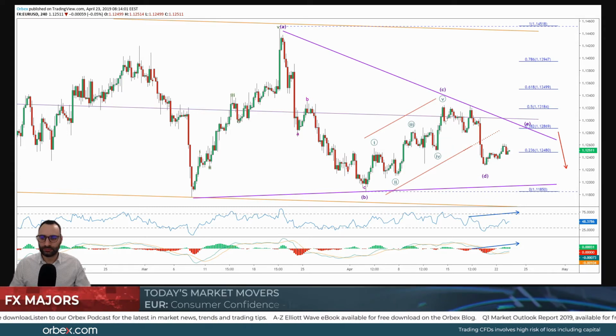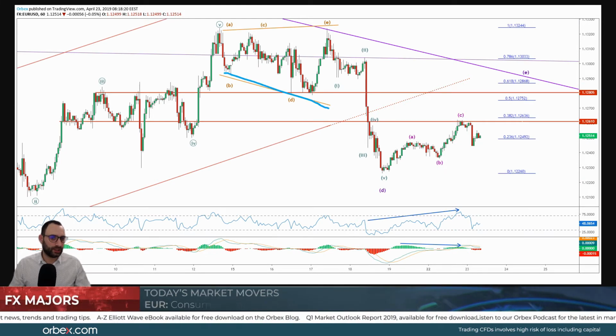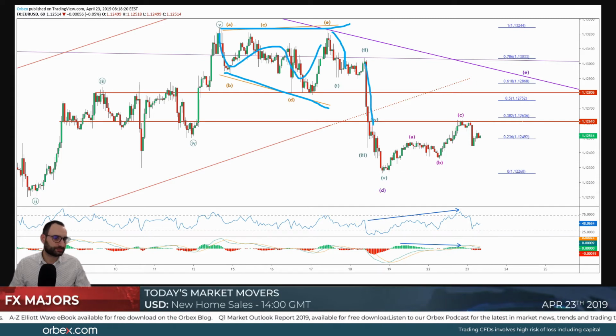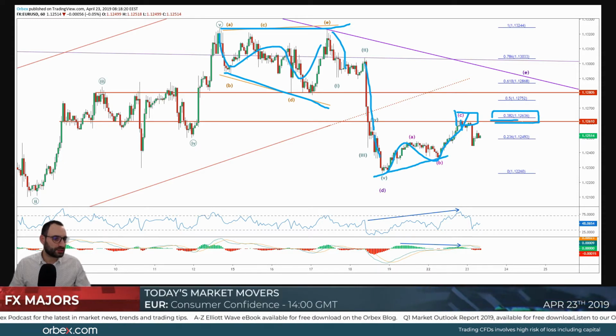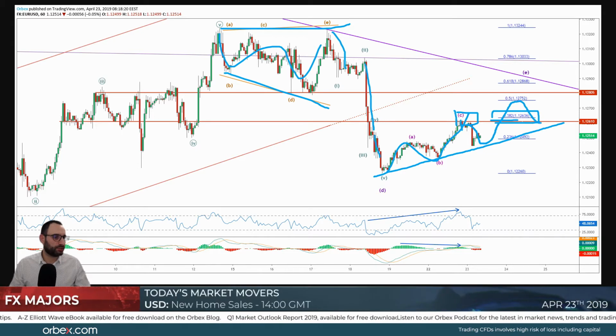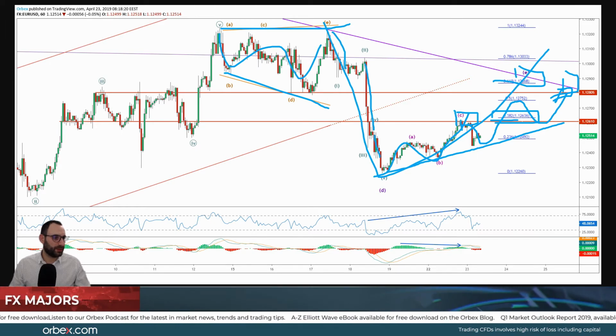Now, down on the 1 hour, the picture is a bit more clear. After breaking this pattern, we had an impulse to the downside and an ABC. The question is, did the second leg of the correction finish at this level, or are we looking at prices to keep bouncing and moving up? That could get us up here, where the last wave of this triangle pattern may be validated.